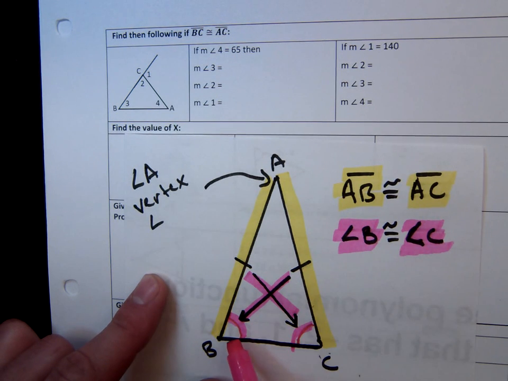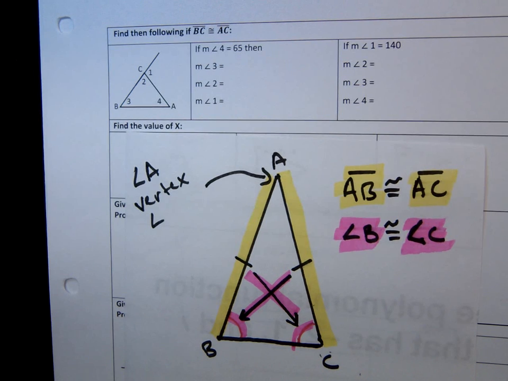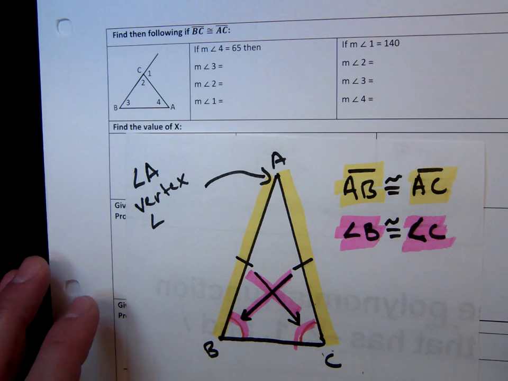Okay, that angle B, the angle opposite of AC, and angle C, the angle opposite of BA or AB, are also congruent. Those are two statements that will get me through the majority of these problems.